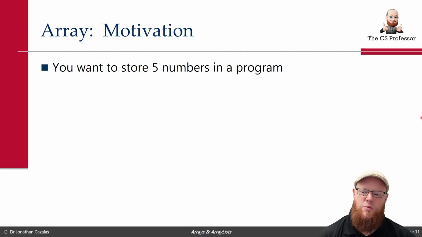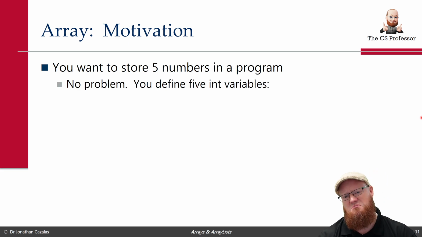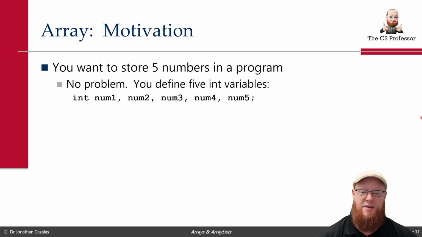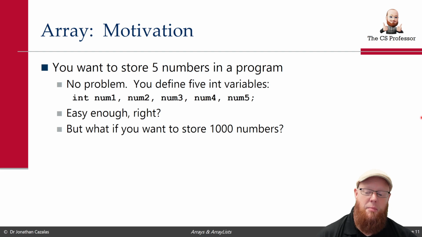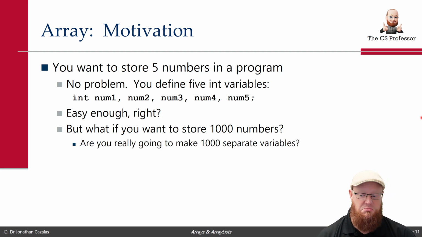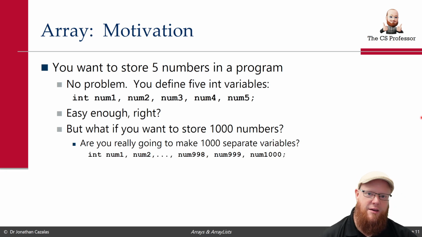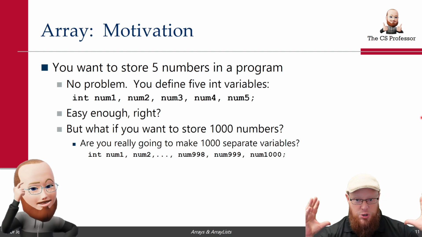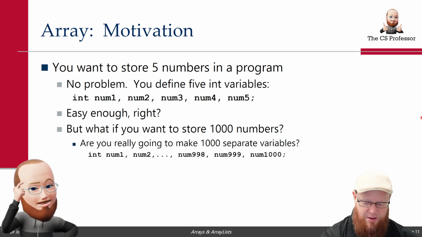And so here we have an example. You want to store 5 numbers in a program? No problem. You make 5 int variables. No harm, no foul. Easy enough. But what if you want to store 1,000 different numbers? You could make 1,000 different variables. This would be huge brain. No, we'd be crying.